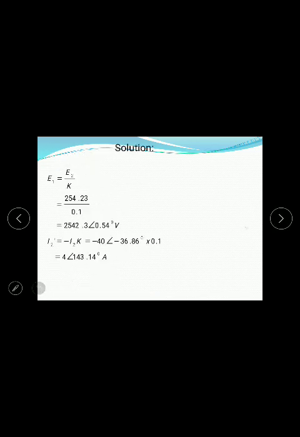Now go for the solution. Here E1 is equal to E2 by K. That means 254.23 divided by K, here 0.1, so that is equal to 2542.3 angle of 0.54 degrees.